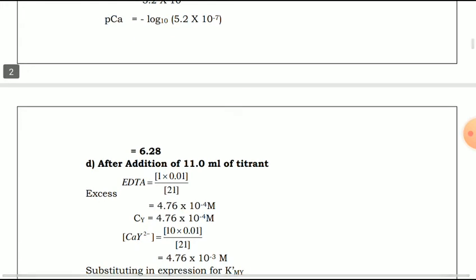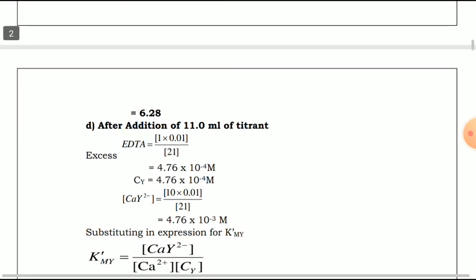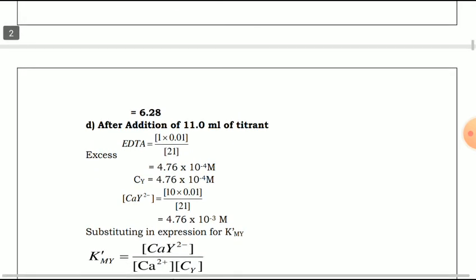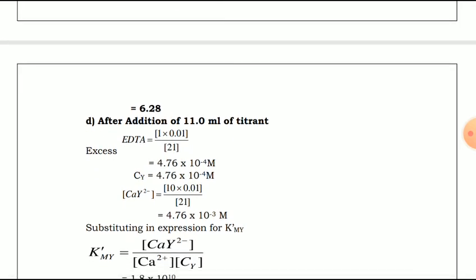Substituting in the expression for K'MY, this is the equation that we have seen above, that is K'MY, the conditional formation constant, is equal to the concentration of calcium EDTA complex upon the concentration of calcium 2+ into CY.